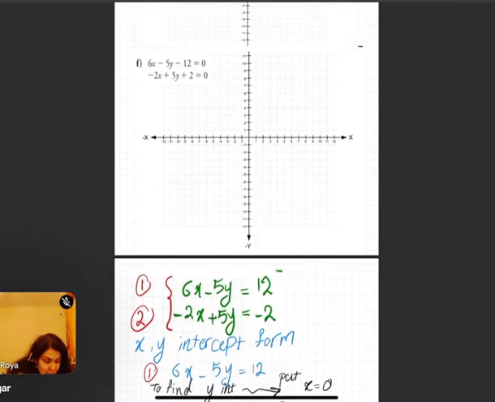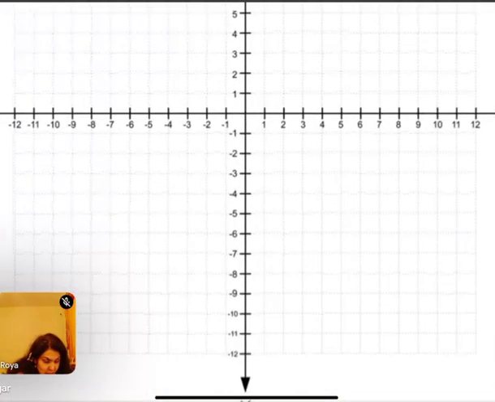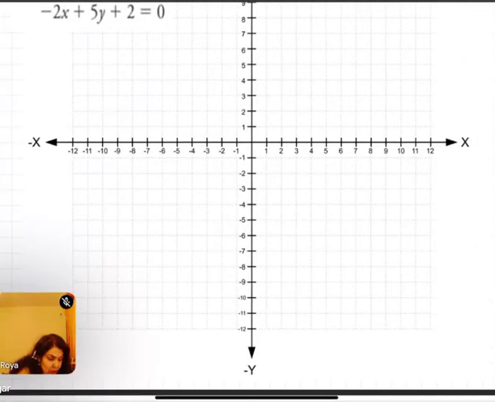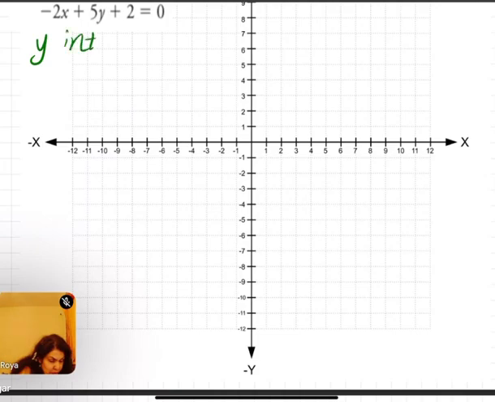If you want to show this on the graph, the y-intercept equals negative 2 and 2 over 5.